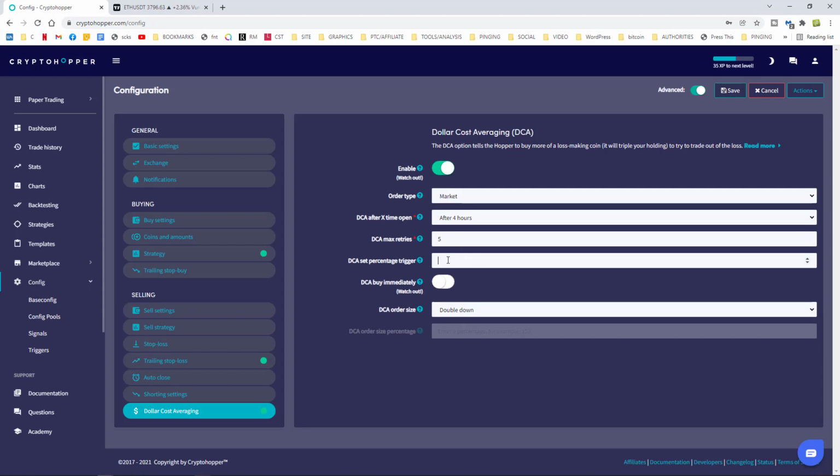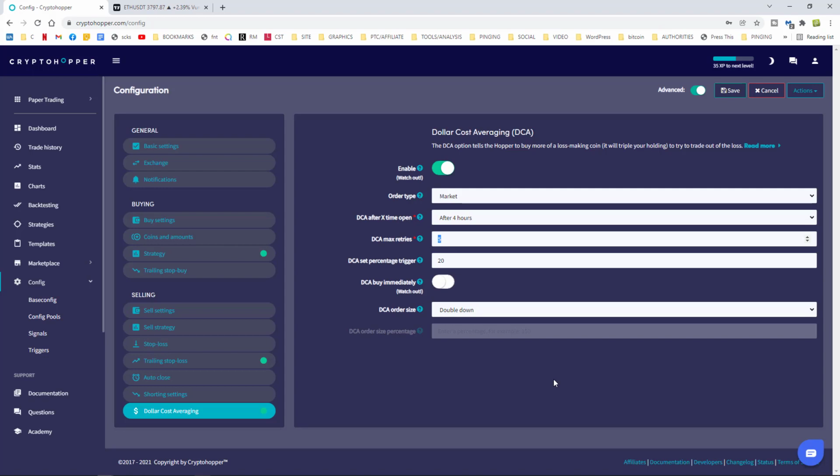Let's say you set this to, and I recommend lower is better here, let's say once your Bitcoin position is minus 20%, so it's only worth $80 instead of $100, it will trigger an automatic DCA, and it will buy approximately another $100-ish worth of Bitcoin, and it will merge them together.